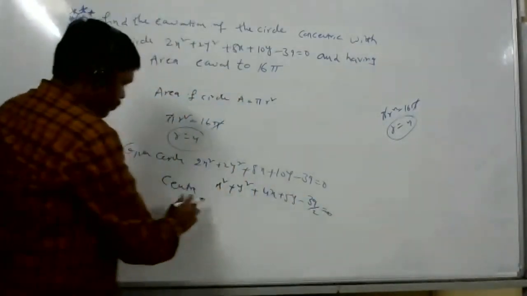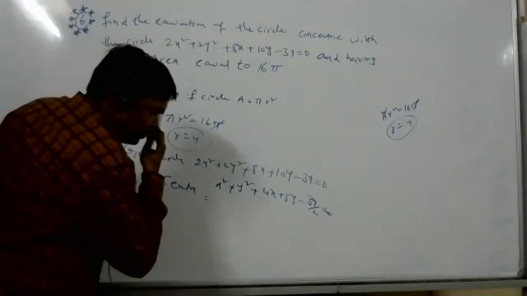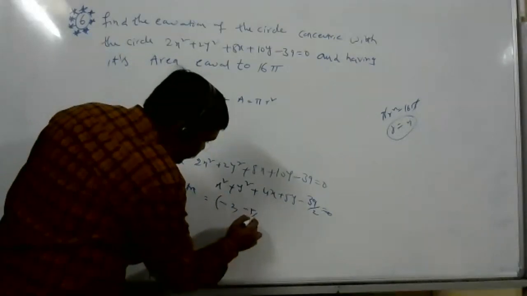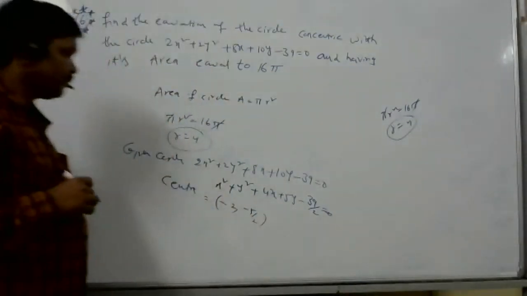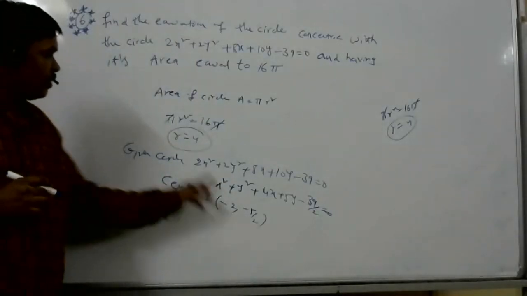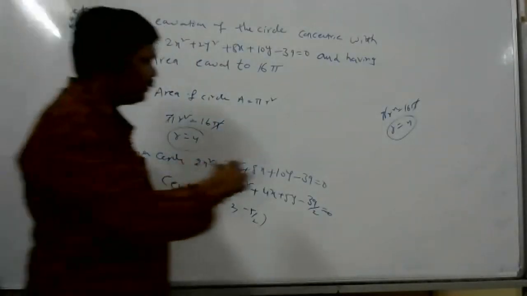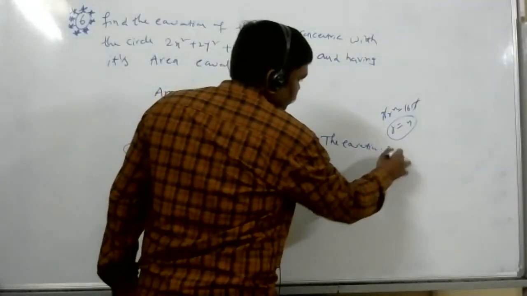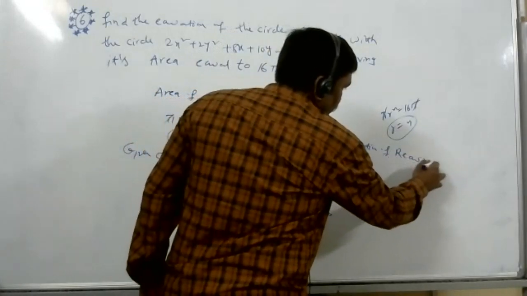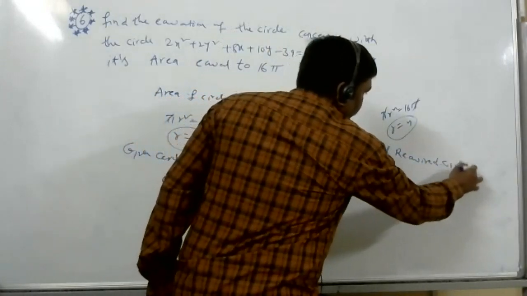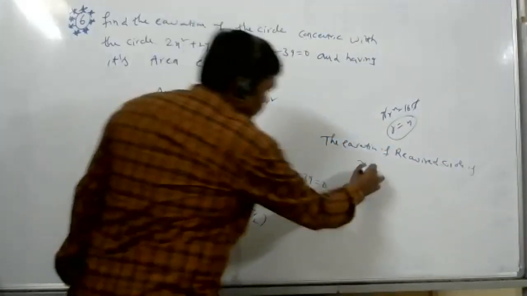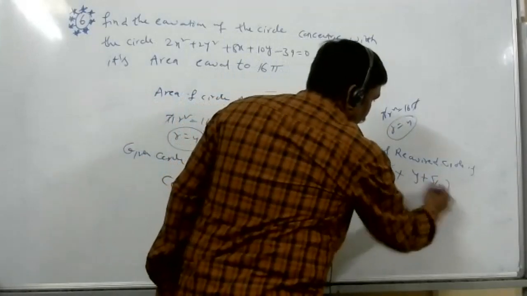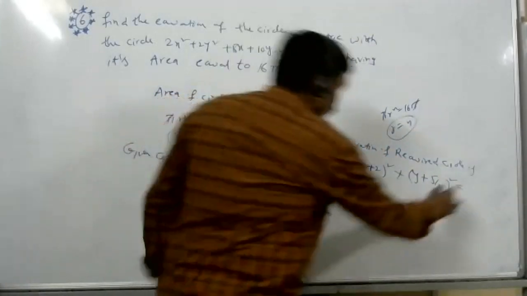Done, sir. Center is minus 2 comma minus 5 by 2, radius is 4. Then the required circle is x plus 2 whole square plus y plus 5 by 2 whole square is equal to 4 square.